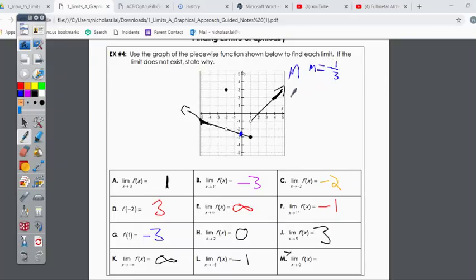A point is 1, negative 3. So with a point of 1, negative 3, our equation is going to be y plus 3 is equal to negative 1/3 times x minus 1.